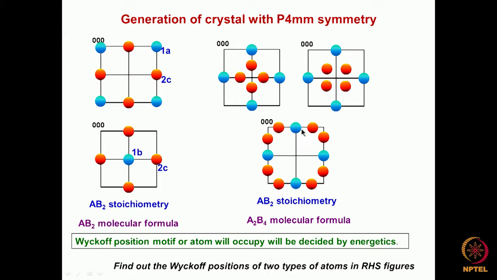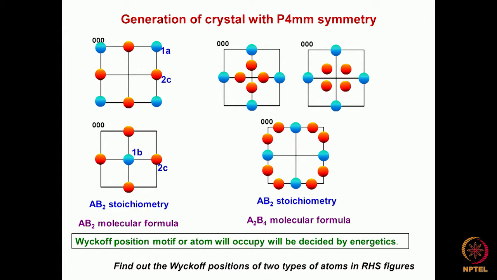Which option will be exercised, or which type of crystal structure will be generated, will be determined by the energetics. We have to look at the energetics of all 3 configurations for the atoms under consideration, and the one which lowers the total energy of the unit cell is the configuration it will choose.